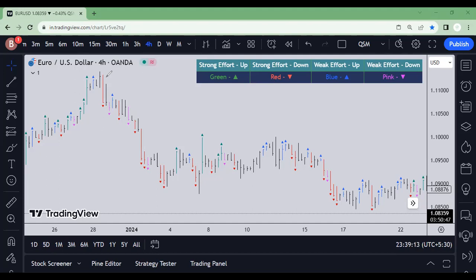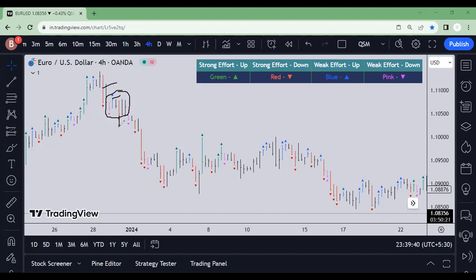But after observing this one, I get a fair idea of what these smart money people are doing over here. So I'm looking for weak buying to appear, and it appeared over here.